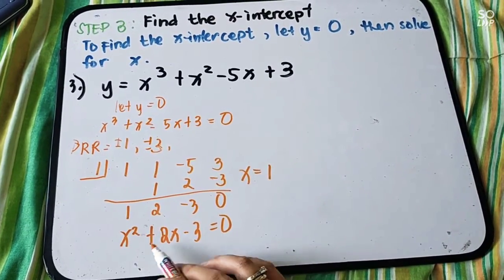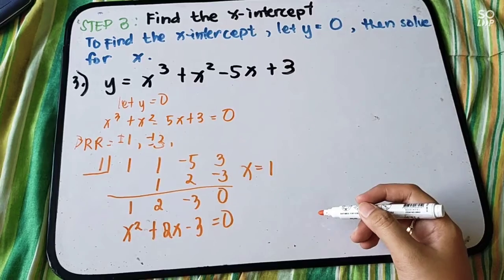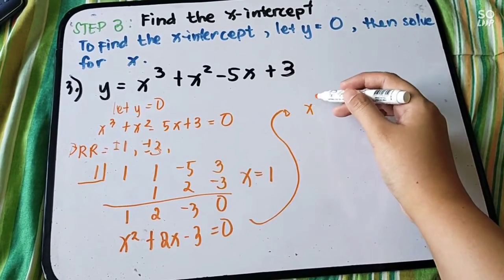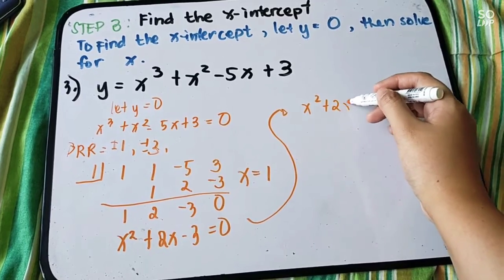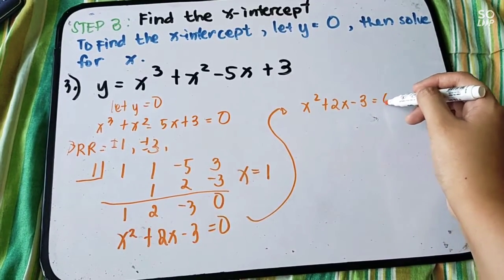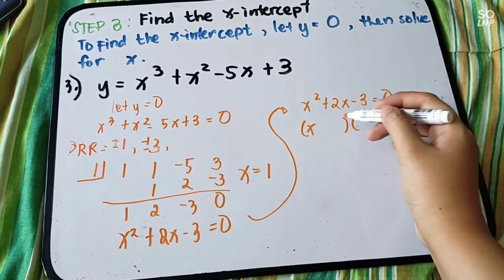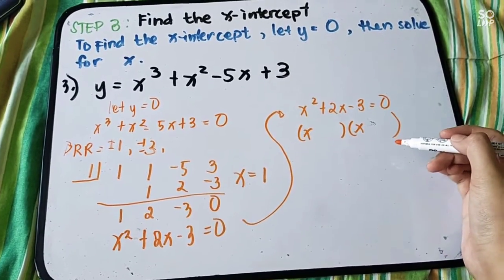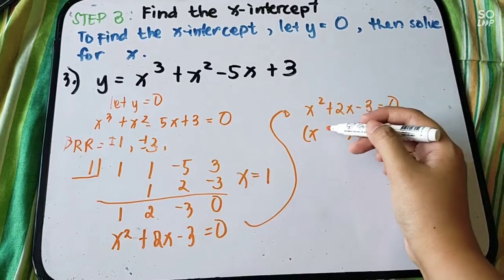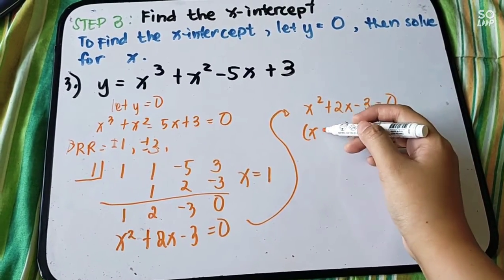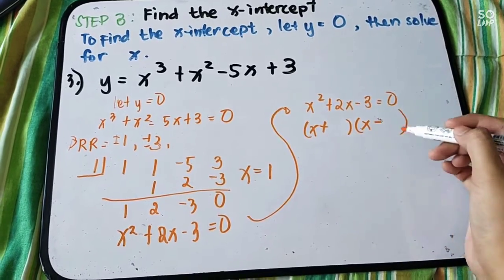So, since meron na tayong trinomial, proceed tayo sa trial and error. So, we have here x squared plus 2x minus 3 is equal to 0. Trial and error tayo. So, you have here x and x. Anong factors ngayon? Since negative ito, yung isa ay isang positive, isang negative.